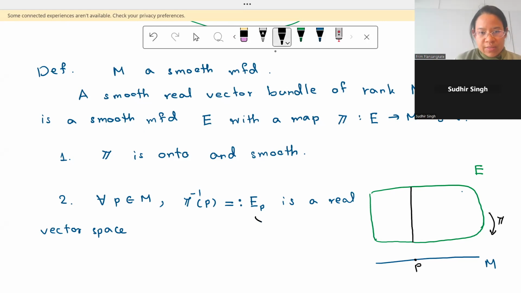We call this the fiber over P. And if we are defining a real vector bundle of rank N, then this is a vector space of dimension N.